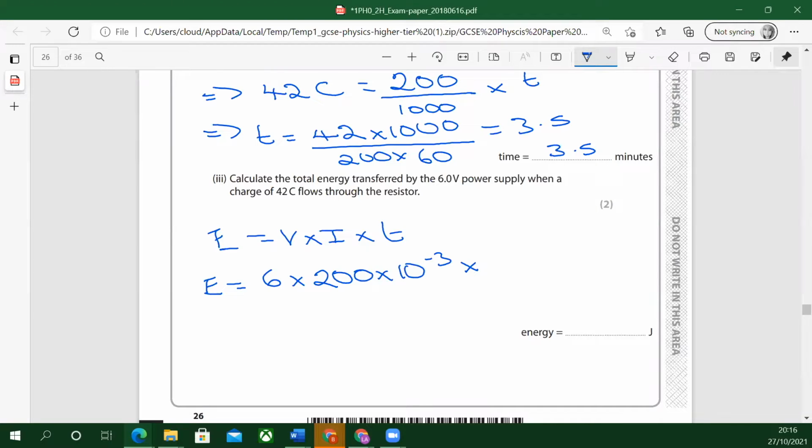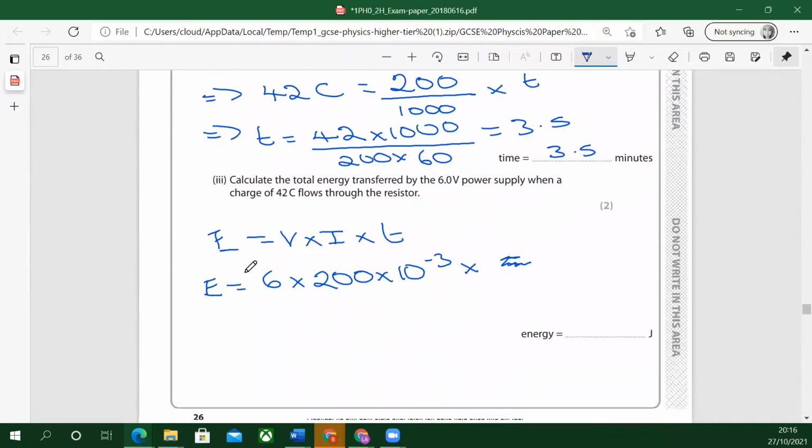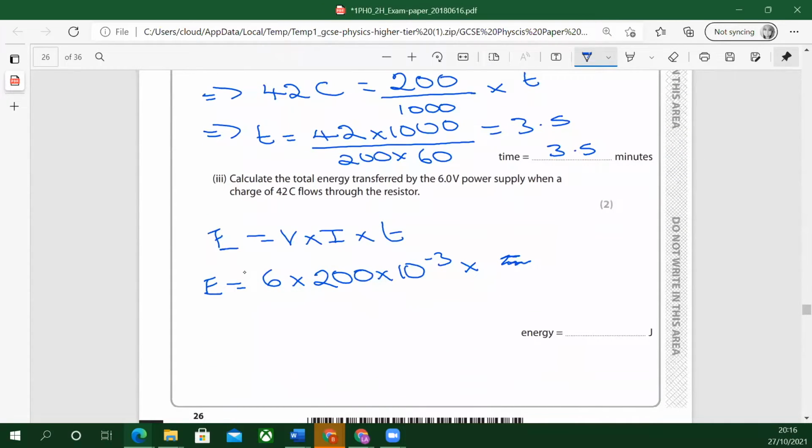So 42 times 6 equals, let's calculate the total energy transferred when a charge of 42 coulombs flows through the resistor. So time in seconds, it's 3.5 times 60. Put that into our calculators and we'll get 250 joules.